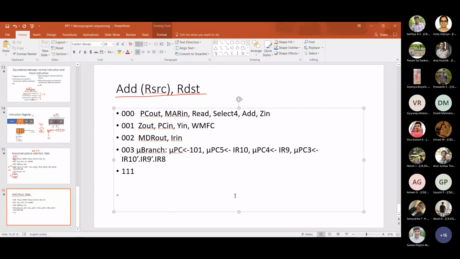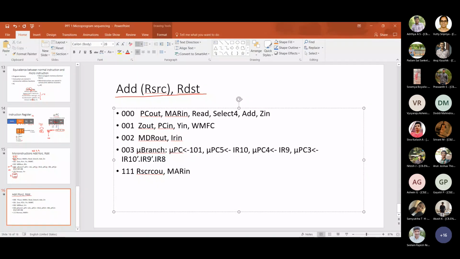Who can give me the answer? What will be the instruction written in 111? Source contains the address, so R source out. Very good. IR source out. Then MARN. Very good.